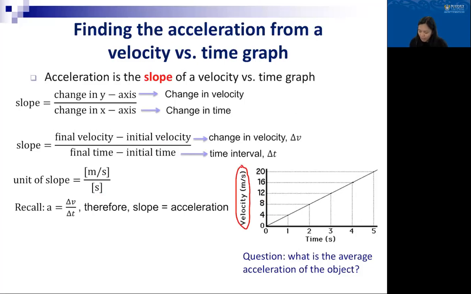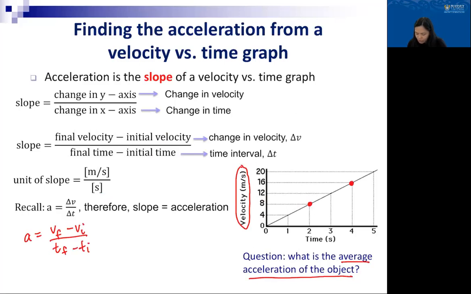So what is the average acceleration of this object? Okay, so look at your graph. If your graph is a straight line, like in this case, you can get any 2 points along the straight line. So say, it's easier, you get this point and that point, for example. And your acceleration is your final velocity minus initial velocity over final time minus initial time.